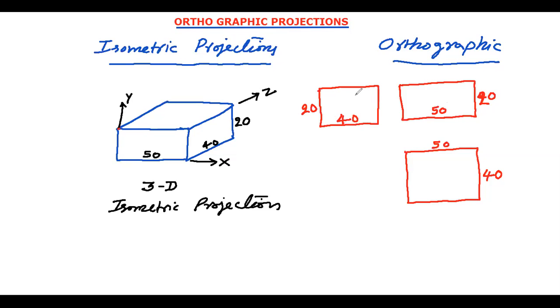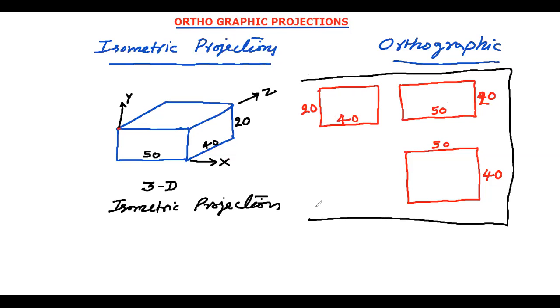But combined, if I consider all the three drawings as an entity, it consists of the dimensions of the original object: horizontal length 50, height 20, and also depth 40. So all the dimensions are represented here, but not in a single diagram, but in three different diagrams. Am I right? So each diagram is a two-dimensional diagram.